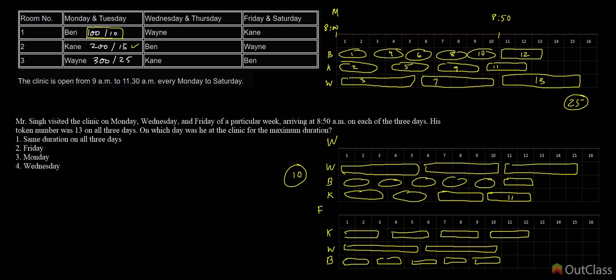Again, 10 are done. 11th is ongoing. 12 will go here and take 25 minutes. 13 Singh will go here and take 10 minutes. So Singh's options are 25, 10 and 10, and he spends the maximum 25 on Monday, and that is the answer. Monday is the answer.